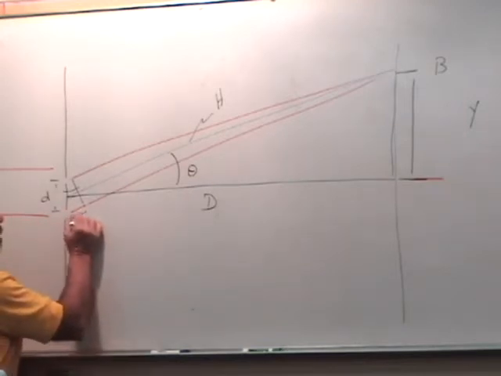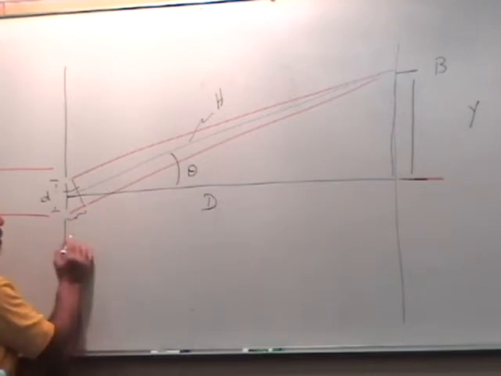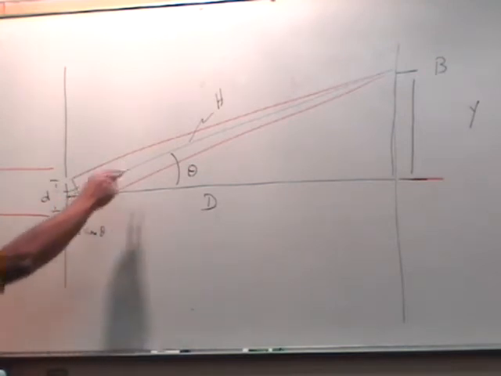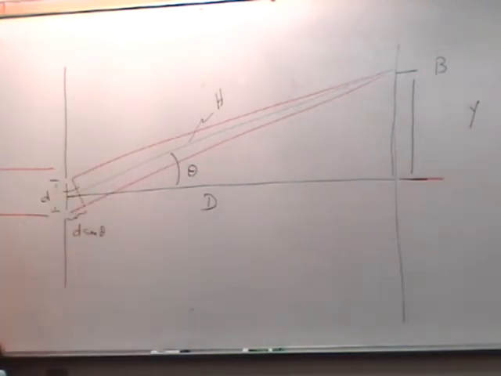Calling this distance d sine theta. That becomes the optical path length difference, as we measure this path length and compare it to that path length.